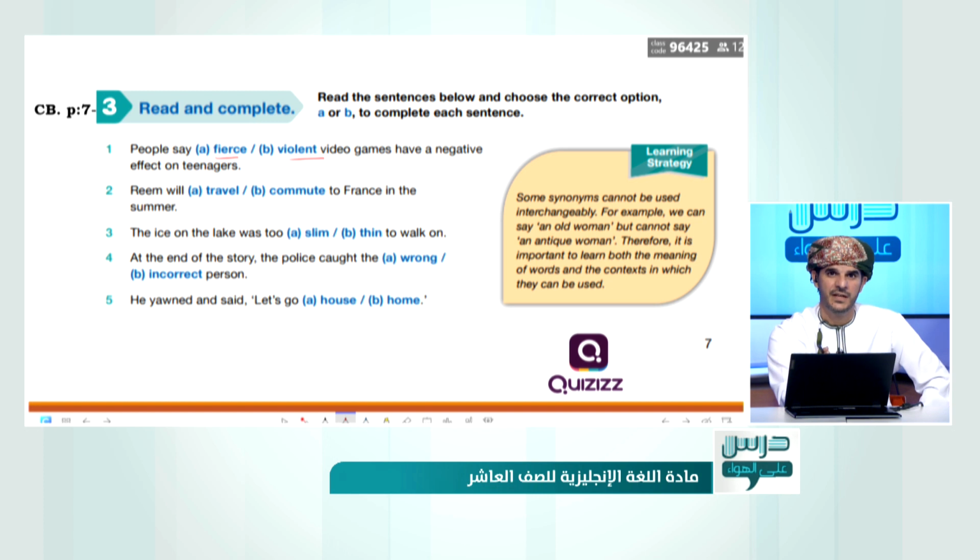There are synonyms, but it doesn't mean that you can use them in all the sentences. The ice on the lake was too slim or too thin to walk on. At the end of the story, the police caught the wrong person or the incorrect person. You see, synonyms, but you have to be careful. He yawned and said, let's go house or let's go home. What do we say?